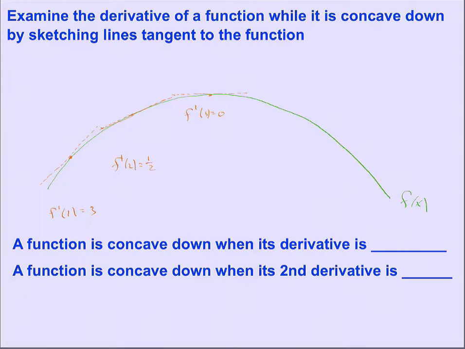Well, if I keep going, pick a fourth point here, notice the graph's not flat anymore. It's gotten a little bit steeper, but it's steeper negative. Now the tangent line has a negative slope where the instantaneous rate of change is negative. So f prime of 4 is now negative. I'll just call it negative 1/2.